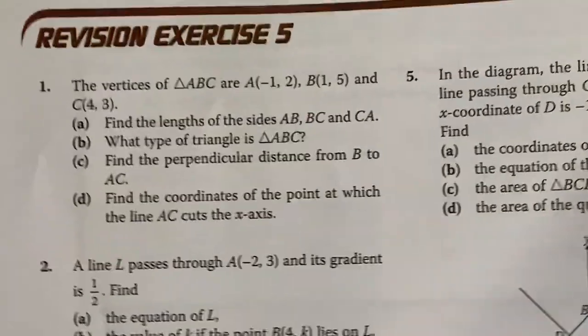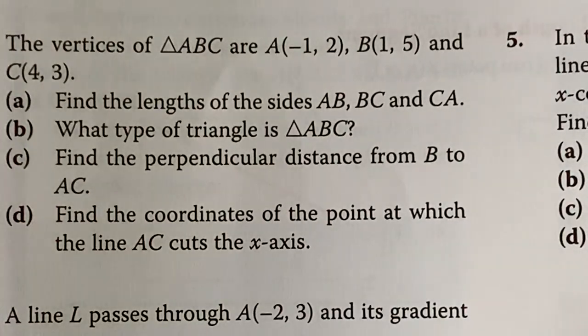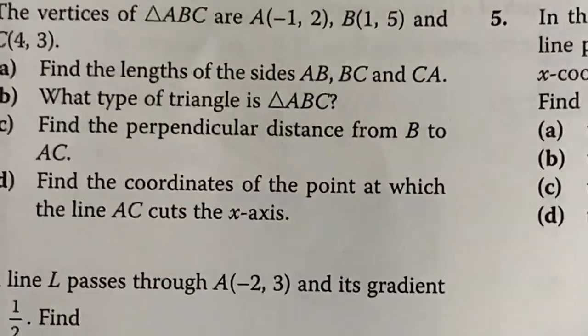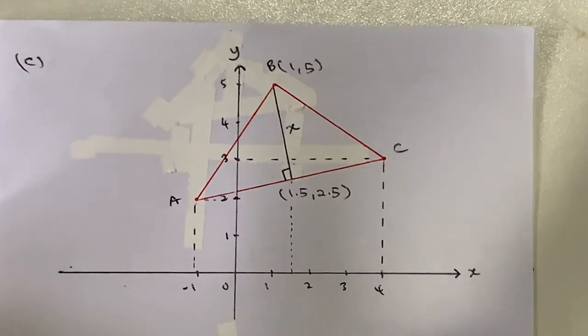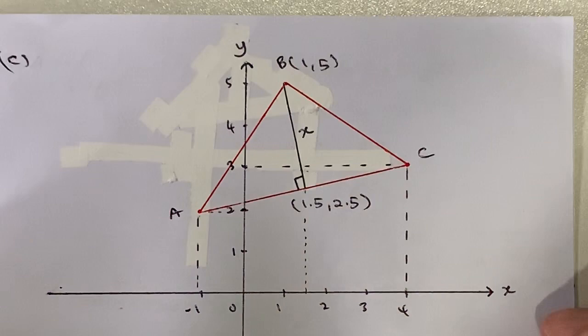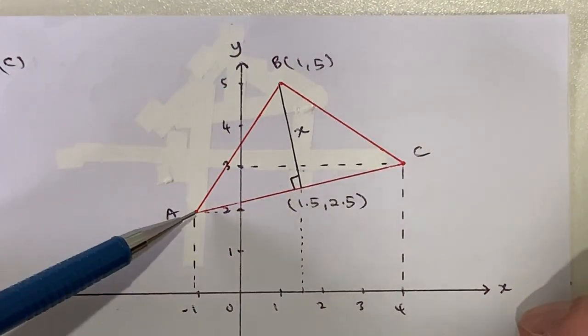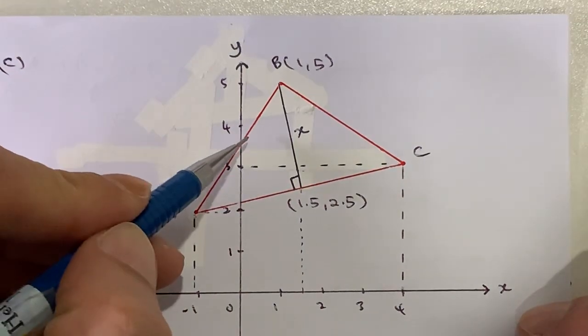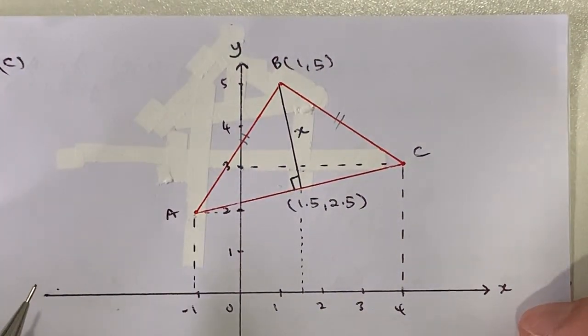Okay, next part of the question. Find the perpendicular distance from B to AC. So here I have roughly sketched the coordinates onto an XY axis space here, and notice that AB and BC are the same, the isosceles triangle just now.